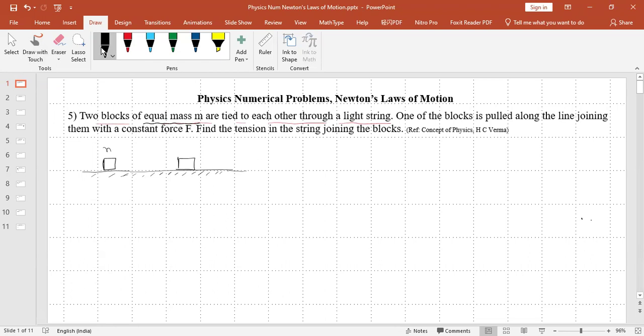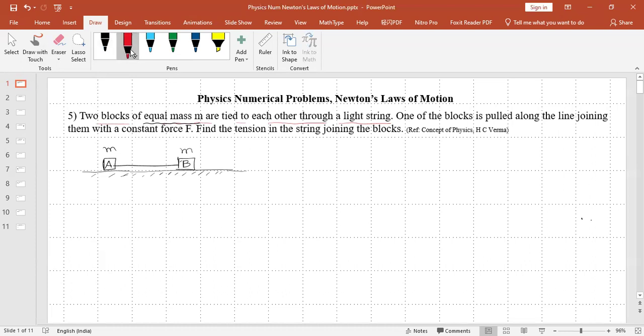So this is mass m. This is also mass m. Let's consider this is block A and this is block B. It is connected with a light string.